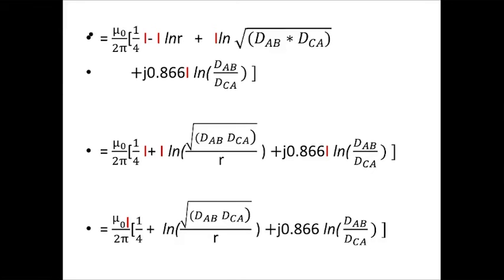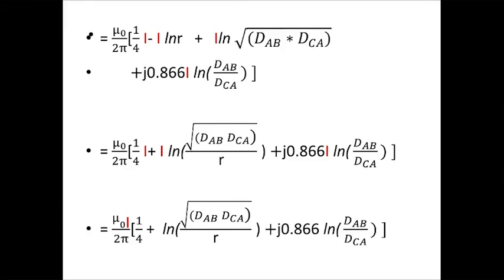This is equal to mu0 by 2 pi into 1 by 4 I plus I log root DAB DCA by R plus j0.866 I log DAB by DCA. I can be taken out, so that mu0 I by 2 pi into 1 by 4 plus log root DAB DCA by R plus j0.866 log DAB by DCA.